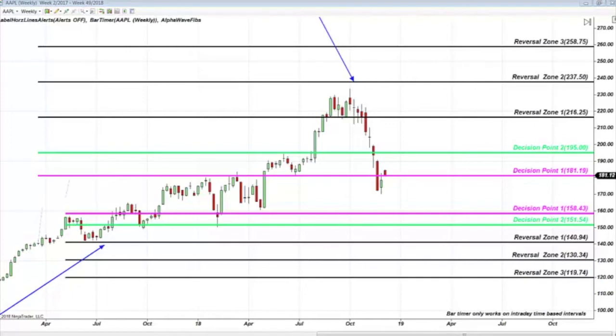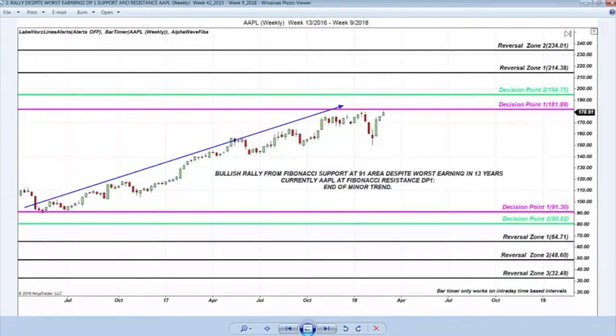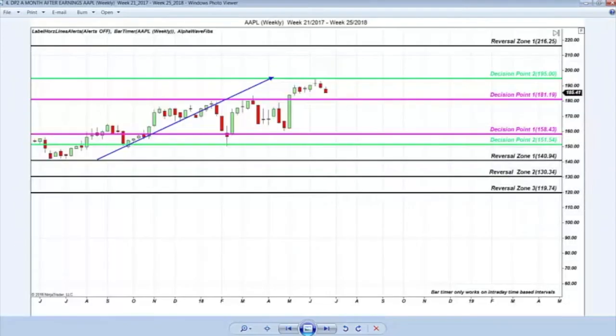Spectacular earnings don't mean a thing. Fibonacci means everything. This reversal zone had been present in the trading room for years. And if I walk down memory lane this year, this was Apple at key Fibonacci resistance, showing you where reversal zone is, reached many months later, when Apple finally started selling off, despite stunning earnings.